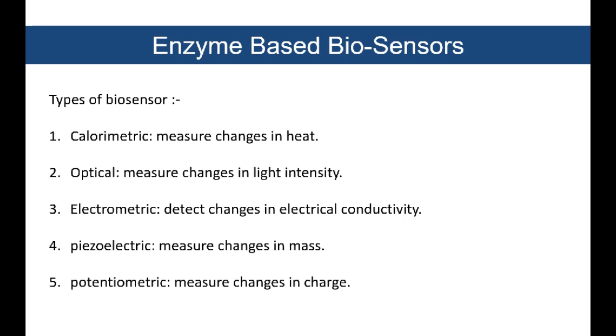If you want to measure the change in electrical conductivity, we use the electrometric biosensor. If you want to measure the change in mass, you use the piezoelectric transducer. If you want to measure the change in charge, you use the potentiometric transducer.